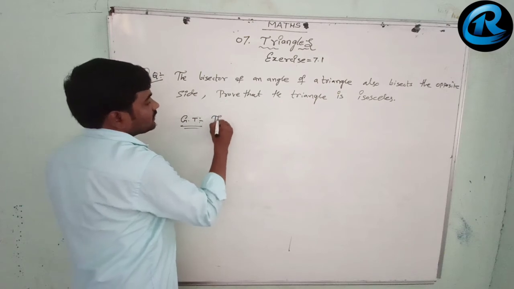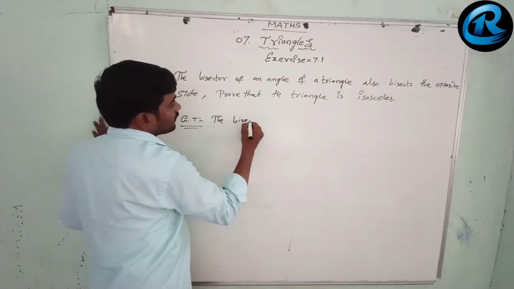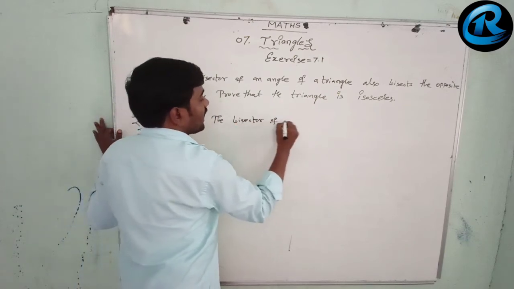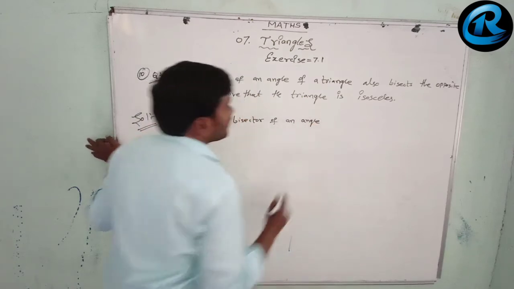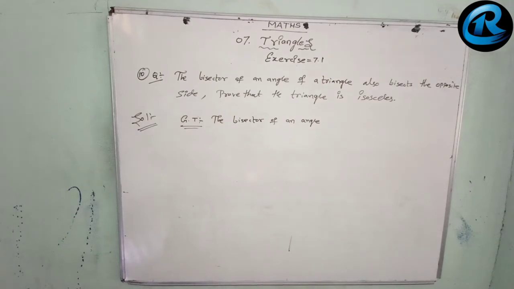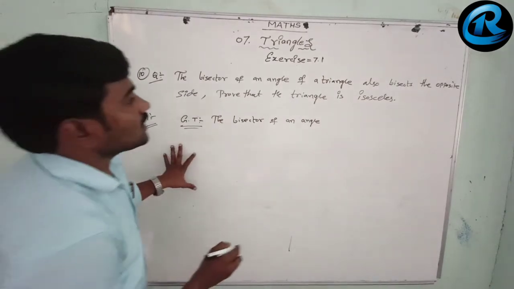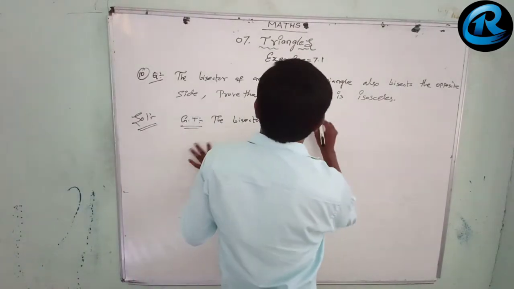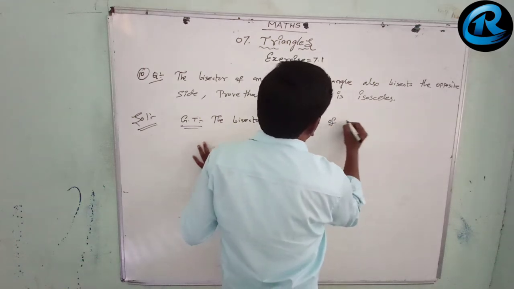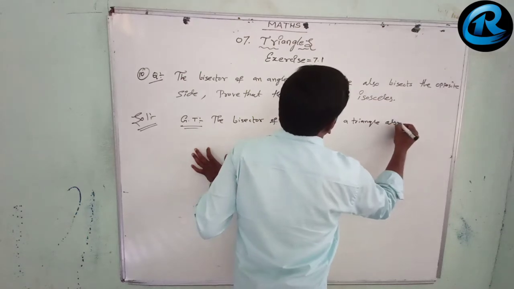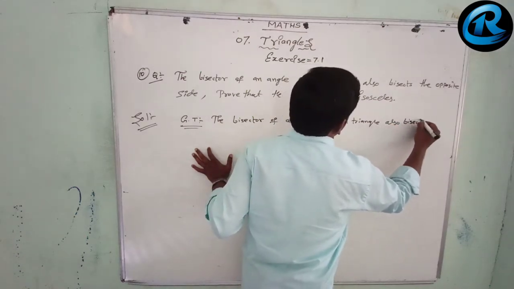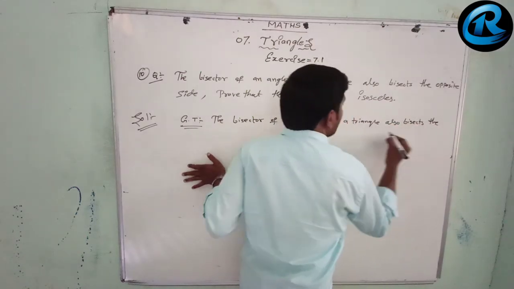So let us write that the bisector of an angle of a triangle also bisects the opposite side.